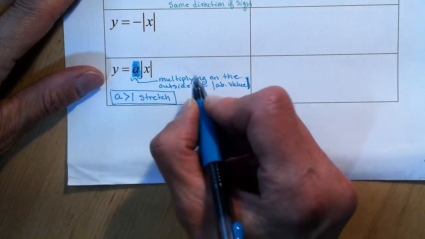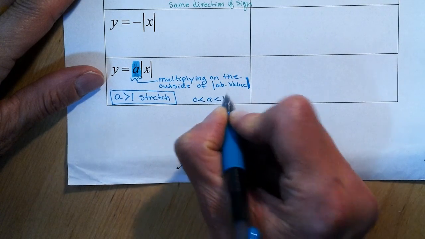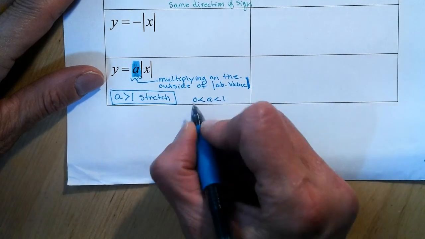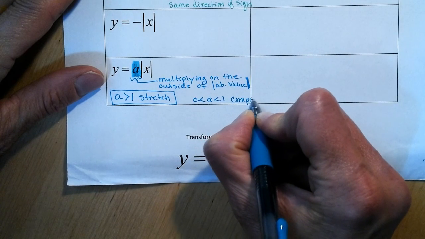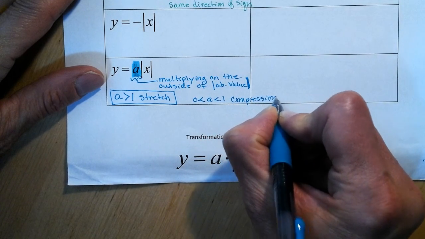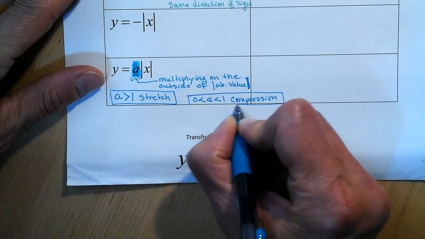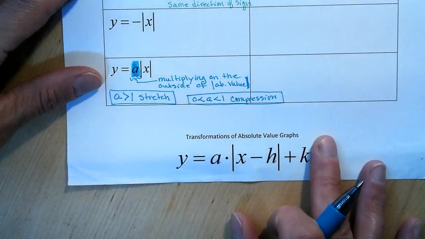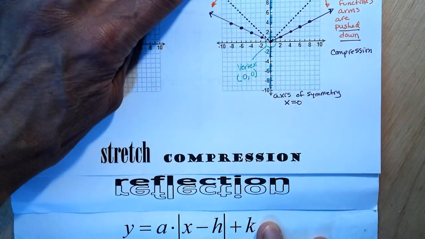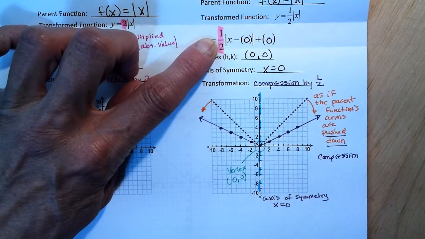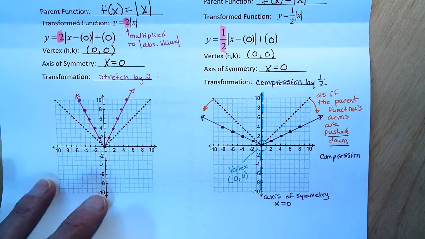And if it's a number between 0 and 1, I get a compression, which we saw here. 1/2 is between 0 and 1, and it drew a compression.